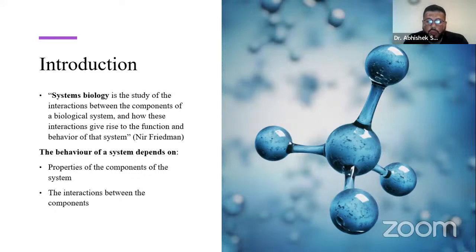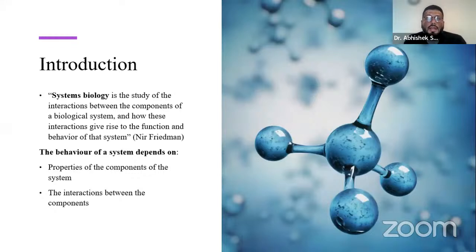In molecular biology, what we have seen so far is a more reductionist approach, and the paradigm is shifting from that reductionist approach to the systems approach, an integrative approach, where specific interactions of components in biological systems are studied, like cells, tissues, organs, and ecological webs.